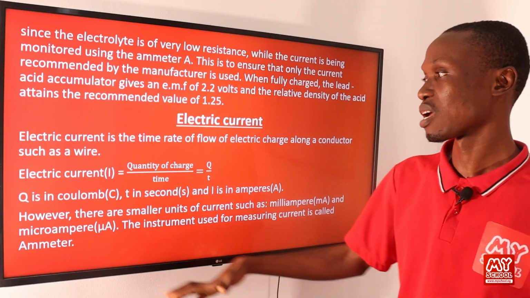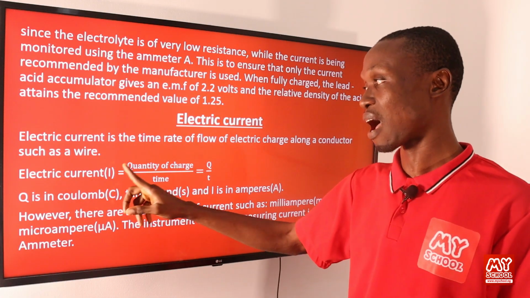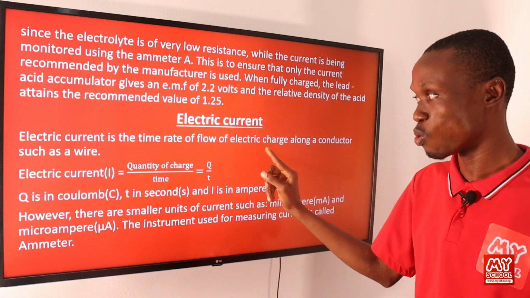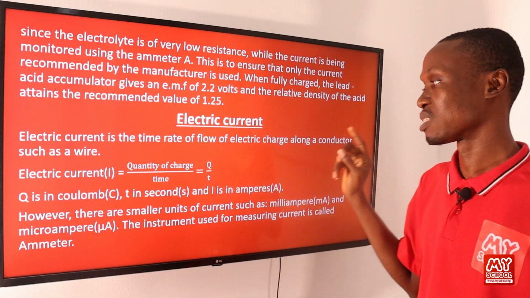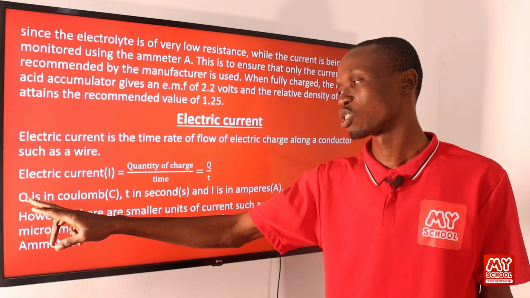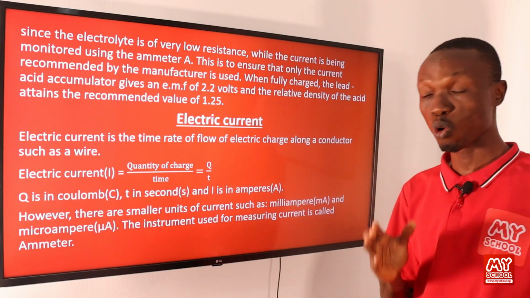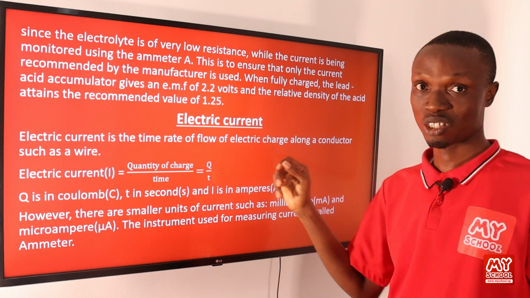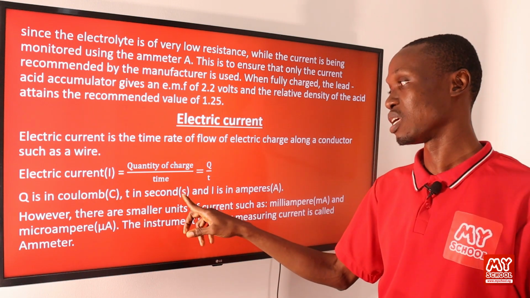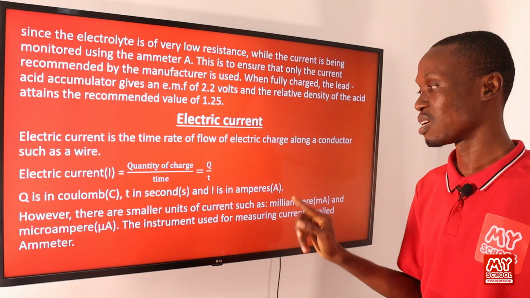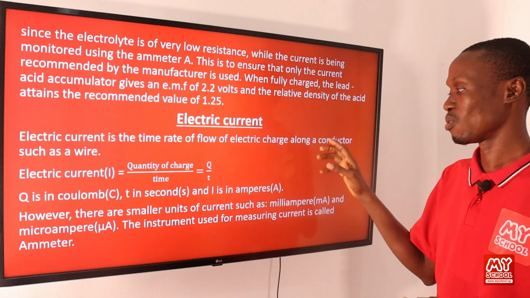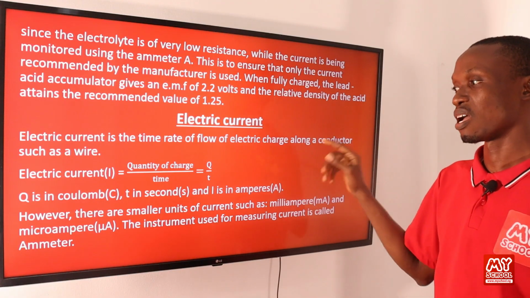Mathematically, electric current, represented with letter I, is equal to quantity of charge, represented with letter Q, over time, represented with letter T. Q is in coulomb, represented with letter C, while T is in seconds, represented with letter S, and I is in amperes, represented with letter A.